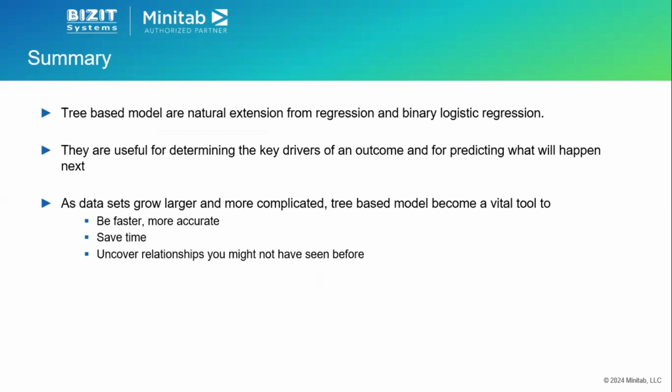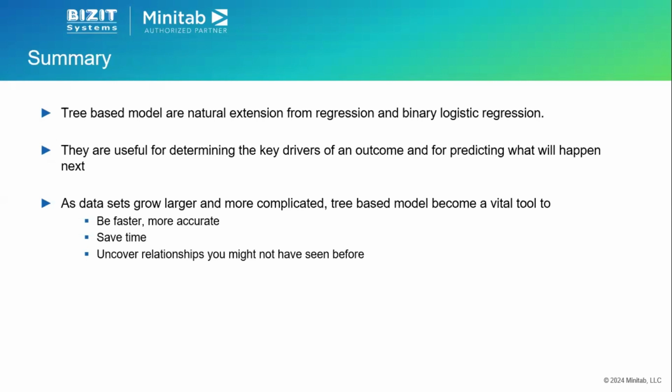Okay. And of course, this one is the tree-based natural extension. Just now I mentioned regression and binary logistic regression. Maybe it will be useful for determining the key drivers, and maybe you want to predict what will happen next before the process occurs.